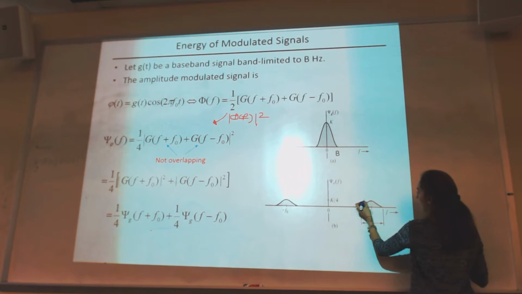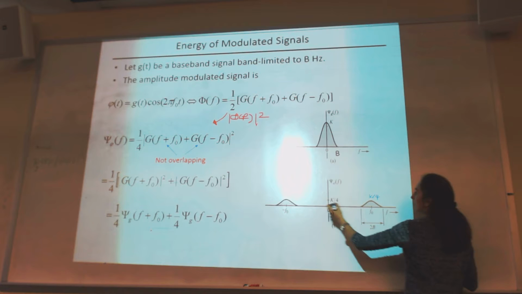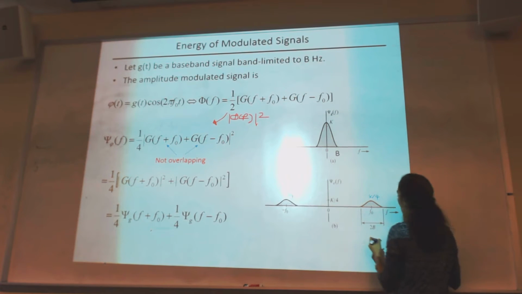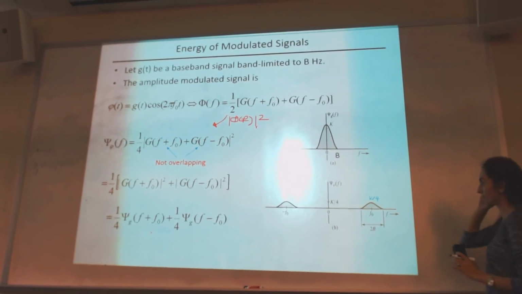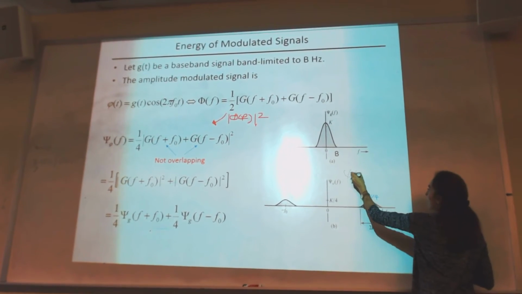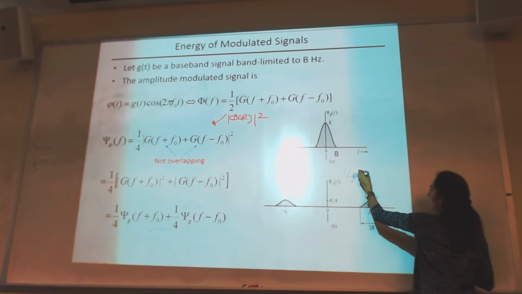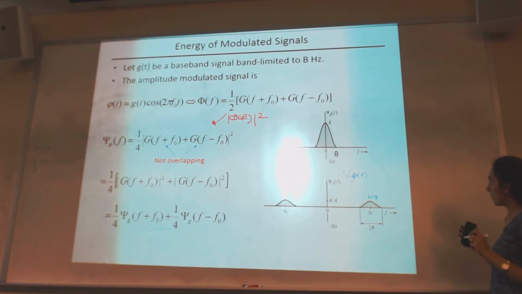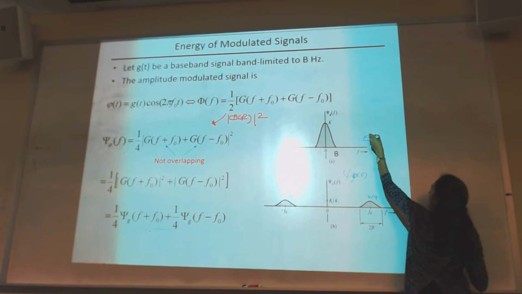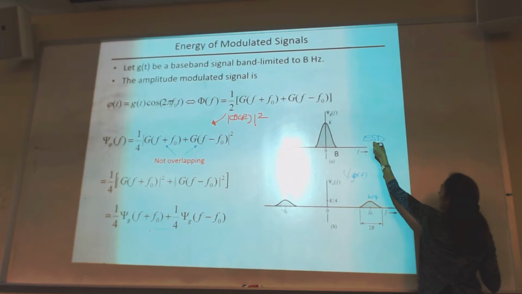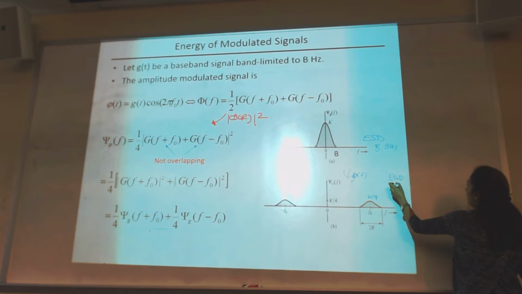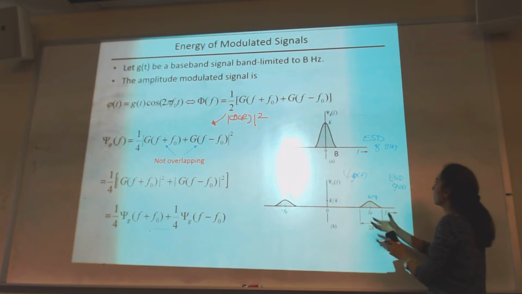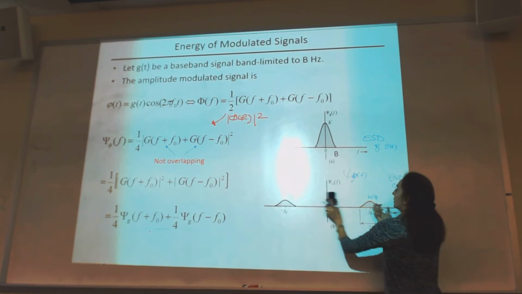If that's K, this is K over 4, and then just shift it, a quarter, this side. So by modulating, this is the ESD of the original g(t), and this is the energy spectral density of the modulated signal. Scaled by a quarter and shifted here.